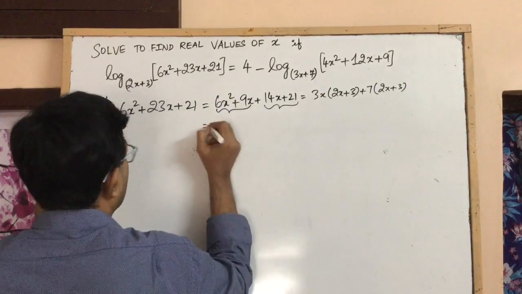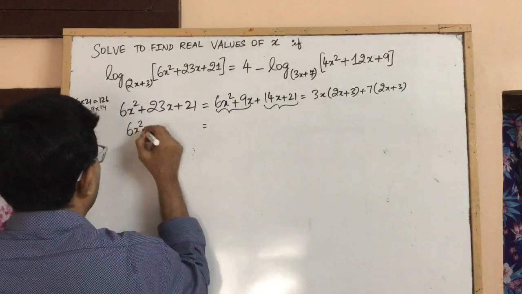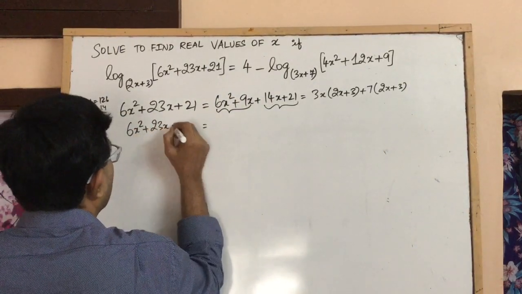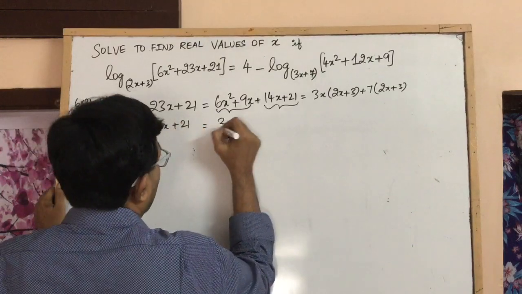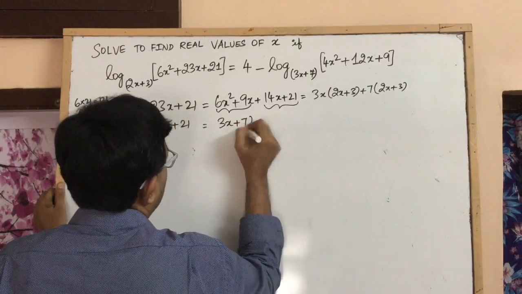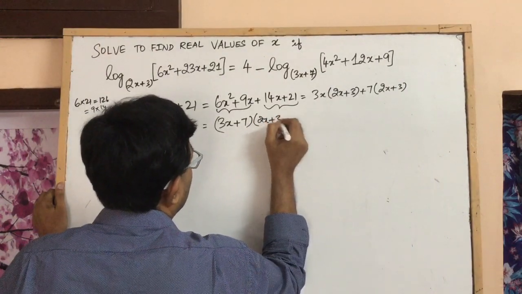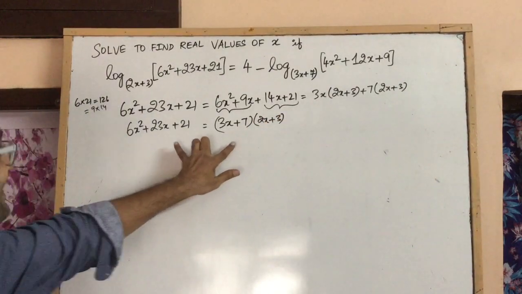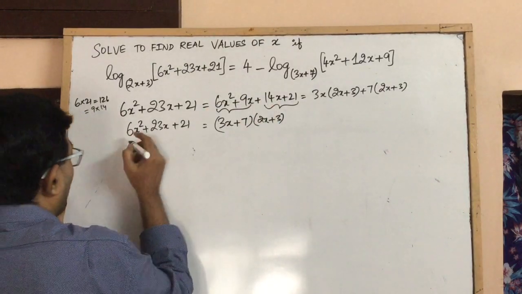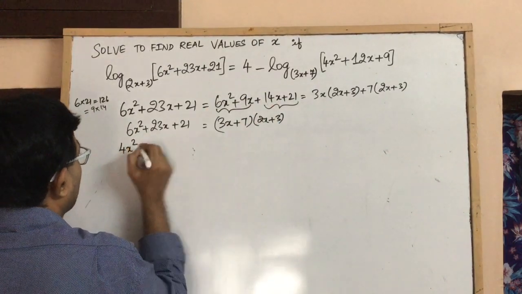Or in other words, we could rewrite 6x squared plus 23x plus 21 as 3x plus 7 times 2x plus 3. Right? Well, the other expression is a lot easier to deal with.